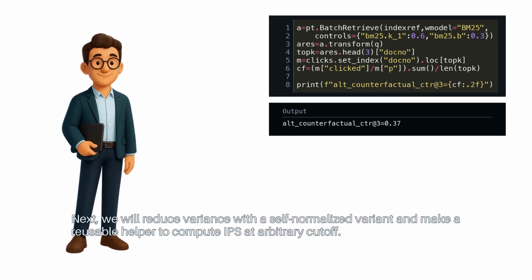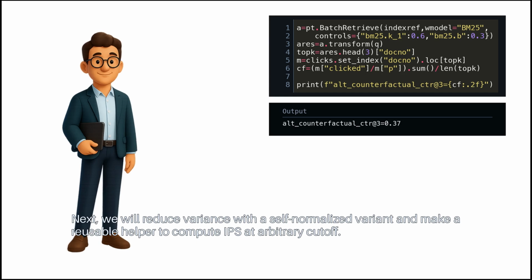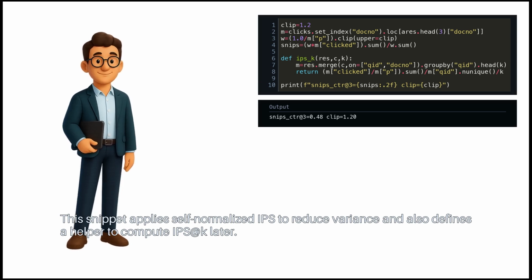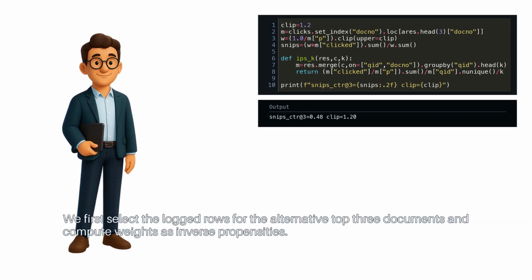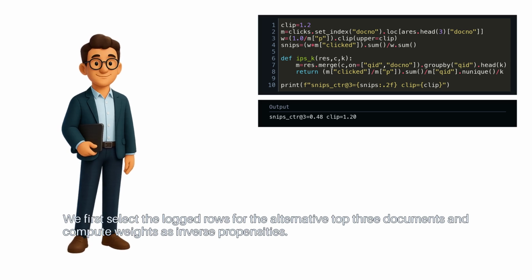Next, we will reduce variance with a self-normalized variant and make a reusable helper to compute IPS at arbitrary cutoff. This snippet applies self-normalized IPS to reduce variance and also defines a helper to compute IPS-K later. We first select the logged rows for the alternative top 3 documents and compute weights as inverse propensities.